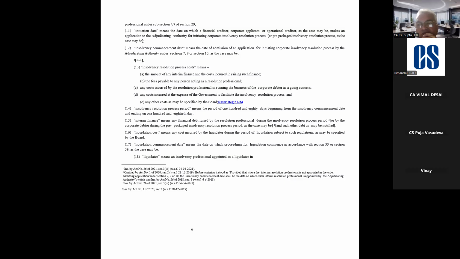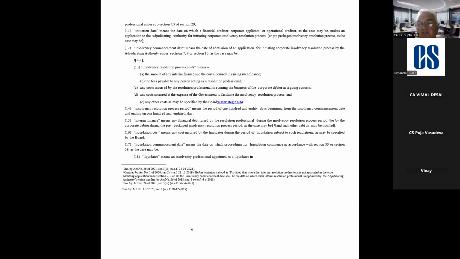It could be the cost of interim finance. It could be the cost of supply of goods or services. It could be the rent. It could be wages payable during this period. And then the fees of the insolvency professional. So this insolvency resolution process cost gets a priority over any other dues. Before any financial debt or operational debt is paid, first of all, this cost has to be paid. Okay? So that is why it is important.